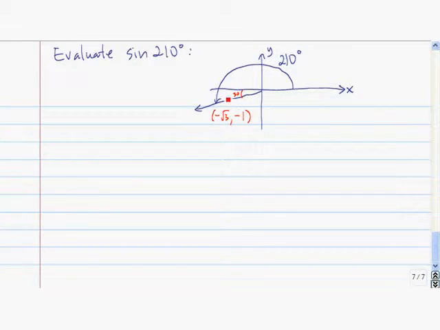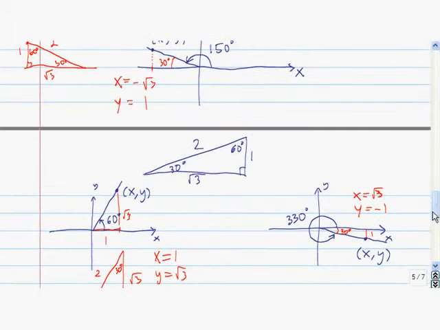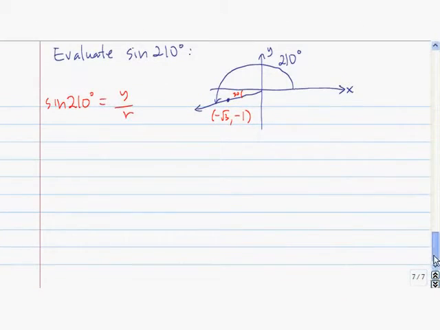So now all we need to do is say sine of 210 degrees is y divided by r. The one thing that we're missing is this value of r. But that value of r is just the length of this hypotenuse. So r is equal to 2.